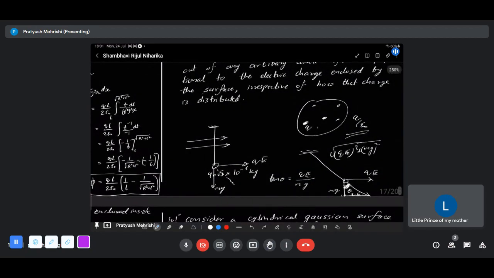So just go through Gauss's law once, and from here we shall continue tomorrow. Are you getting the things? One thing I'm requesting: please solve the examples written in these notes. They are very good examples, and we need to see them. Okay? Yes, sir.